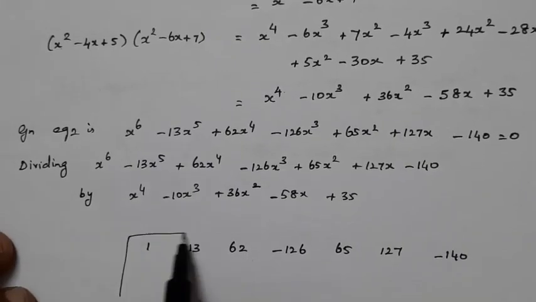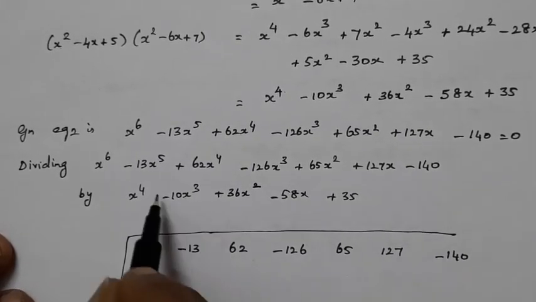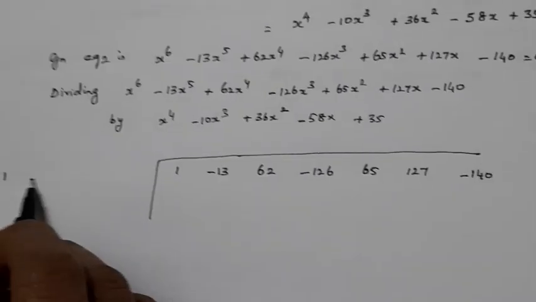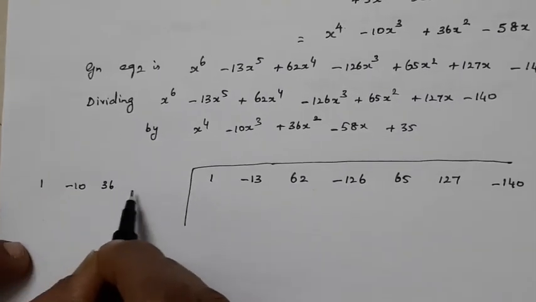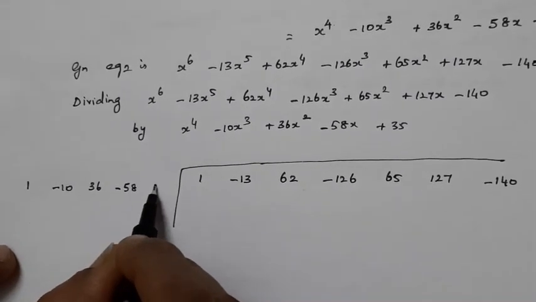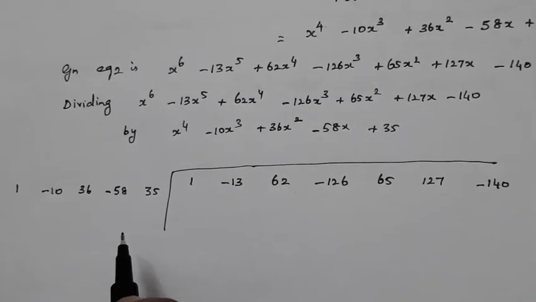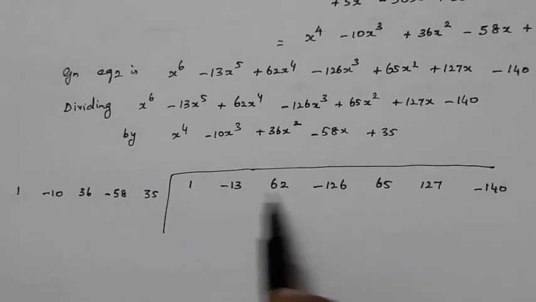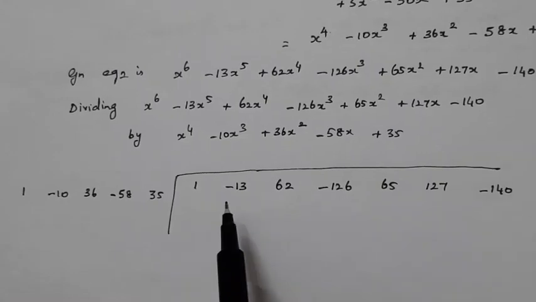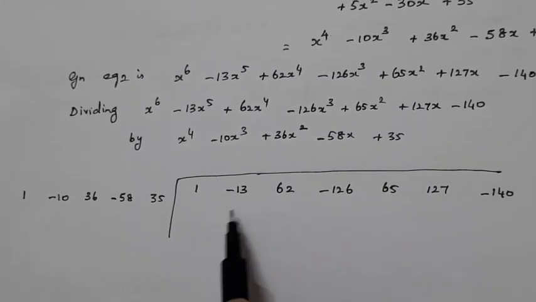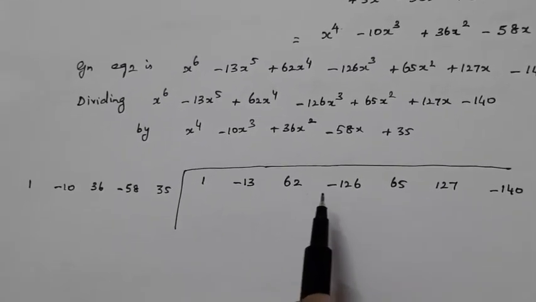Then write down the coefficients of the divisor: 1, -10, 36, -58 and 35. This division is called division of the polynomial by detached coefficients.